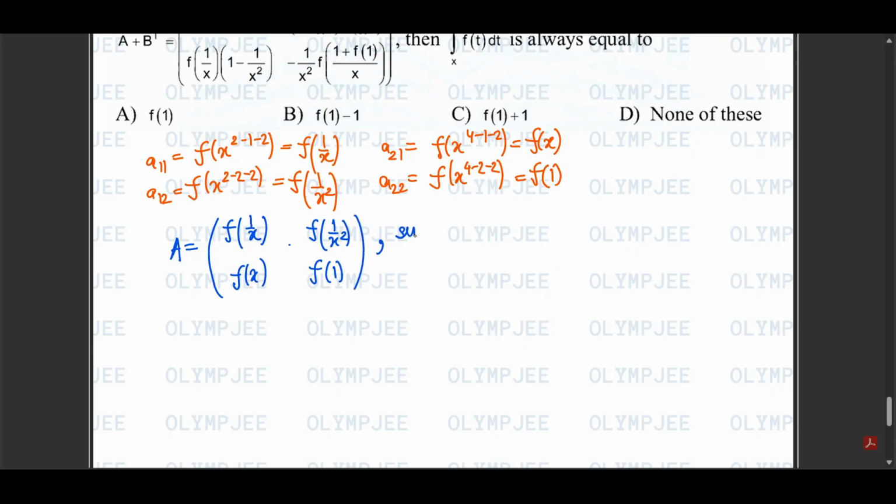And similarly, if you calculate the terms of B, you will get that B is equal to f of 1, f of 1 by x, f of x square, f of x.